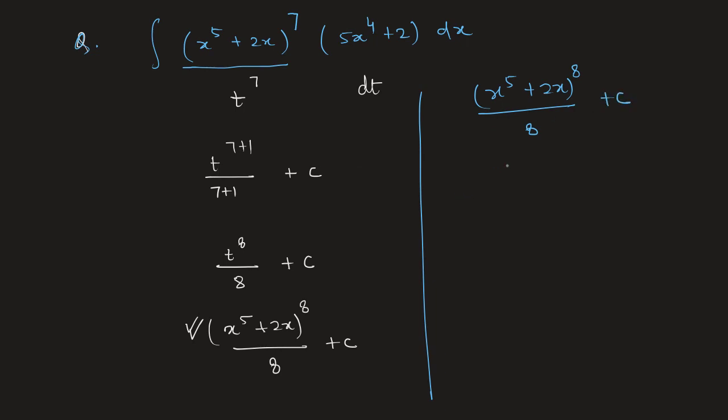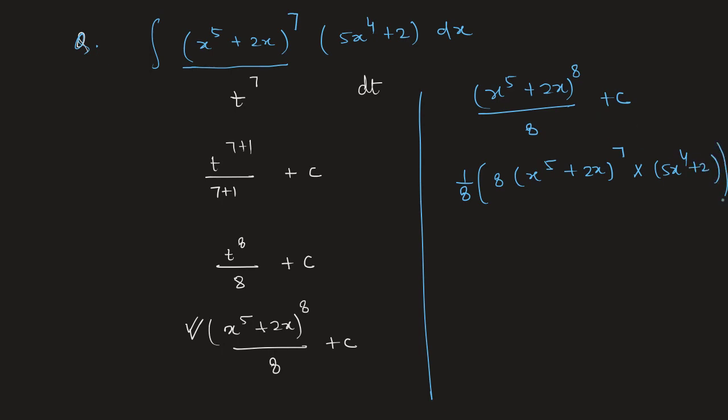Now if we differentiate, 1 by 8 is a constant, I can take it outside. Now applying the power rule, 8 times (x to the power 5 plus 2x), 8 minus 1, 7. Now chain rule, so multiplying, this would be 5x to the power 4 plus 2.